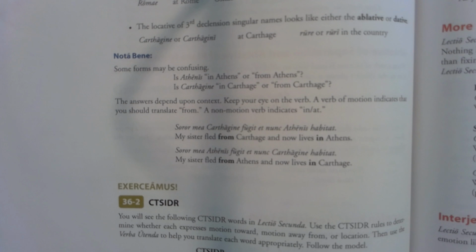So that's contextually easy. Then they switch it up. As you can see, fled from Athens in this example. You have Athenis effugit. So that's that ablative again for the motion from.